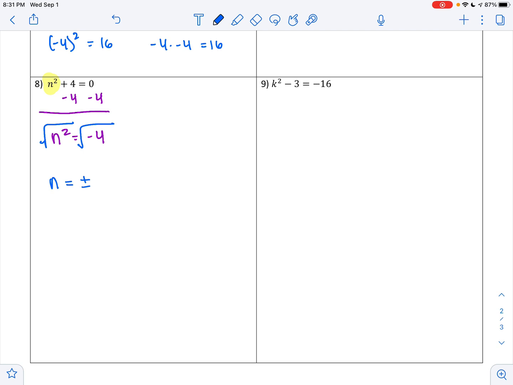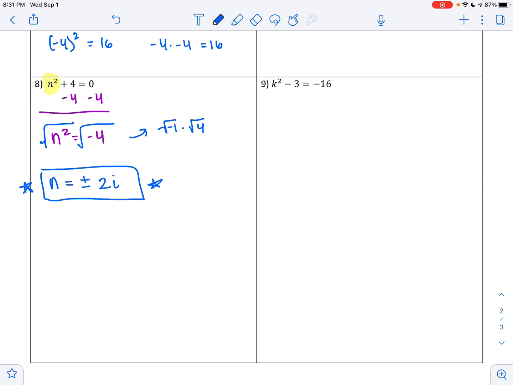Well, the square root of negative 4, I can break that up into the square root of negative 1 times the square root of 4. The square root of 4 is 2. The square root of negative 1 is i. So here my answer would be plus or minus 2i.